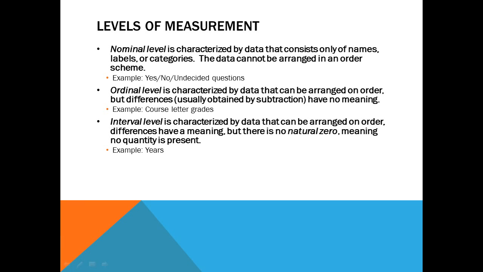The interval level is when you can arrange stuff in order and differences have a meaning, but there's no natural 0 point, or there's no way to ever express 0. For example, would be when we're talking about different years. If you were doing a study that looked at differences in the number of students taking AP courses from the year 1990 to the year 2013, there's a difference there of 23 years, and that has a meaning.